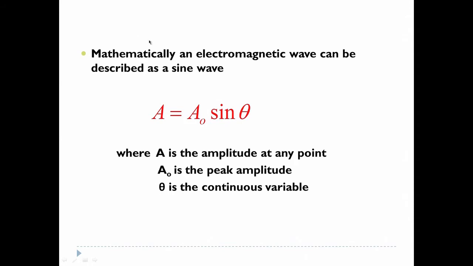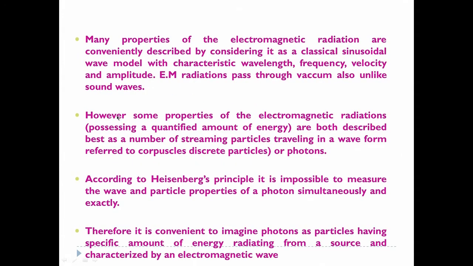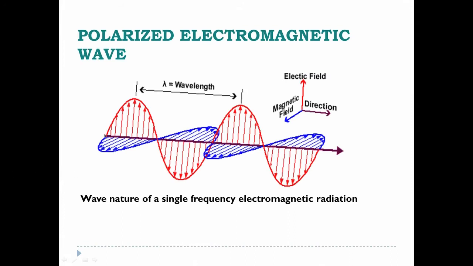Now, you should understand that mathematically, an electromagnetic wave I can describe as a sine wave. If we go back, the red one which I have shown is the plot of a sine wave. Similarly, the blue one is also a plot of a sine wave.